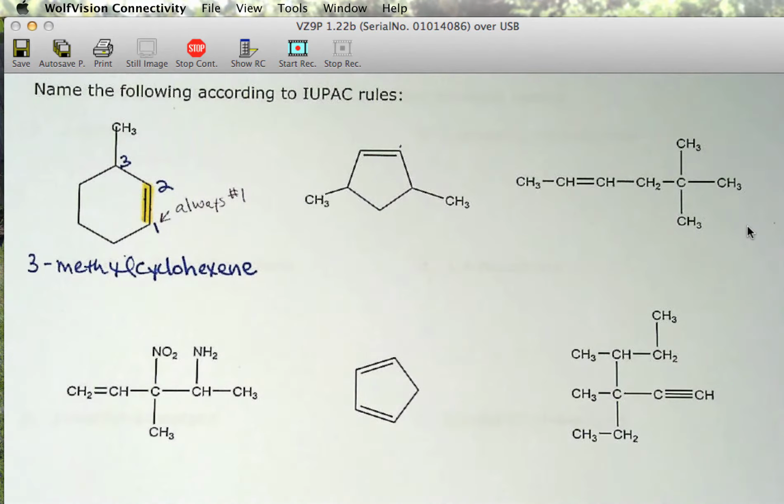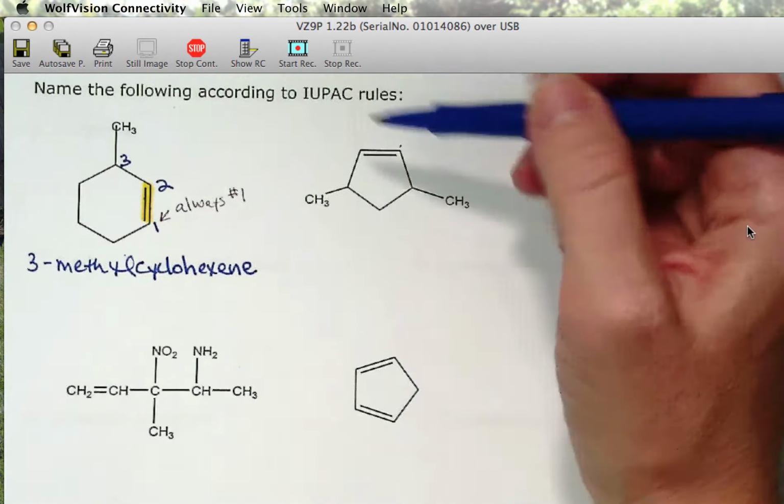So the double bond is always number 1. You can number this way: 1, 2, 3, 4, 5, or the other way, but the double bond is always between carbons 1 and 2. So this would be 3,5-dimethyl cycloalkenes.